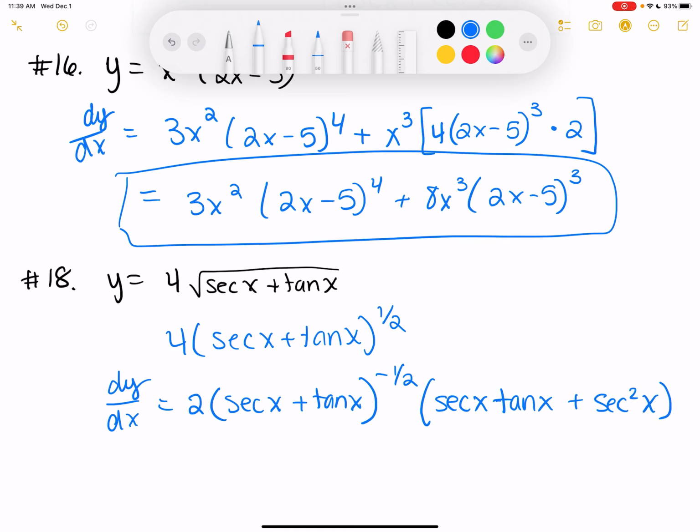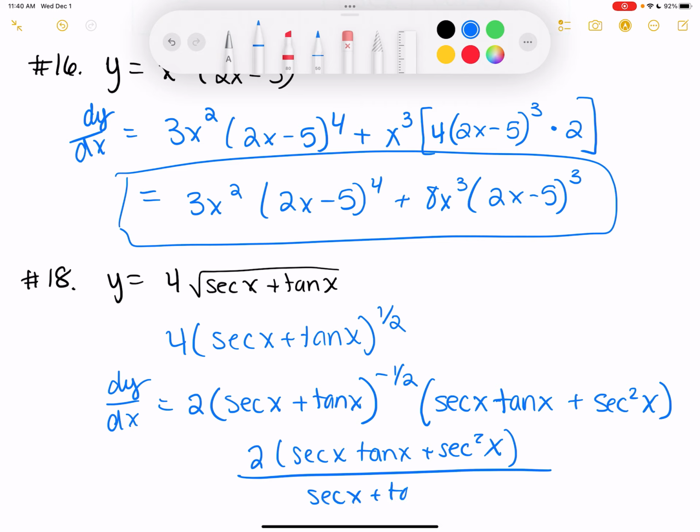So then, because this is a negative power, I'm going to move this parentheses to the bottom. I can leave everything else on top. So 2 times (secant of x tangent of x plus secant squared of x) all over (secant of x plus the tangent of x). Oh, this is to the 1/2.